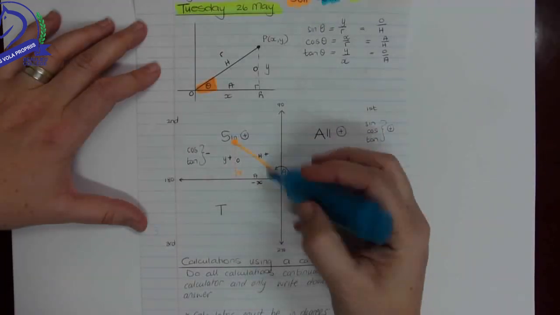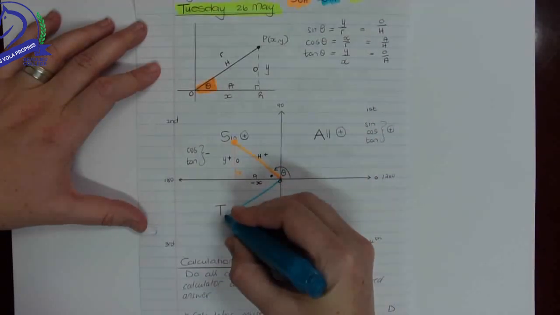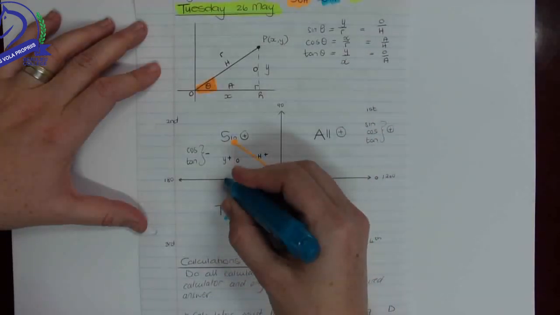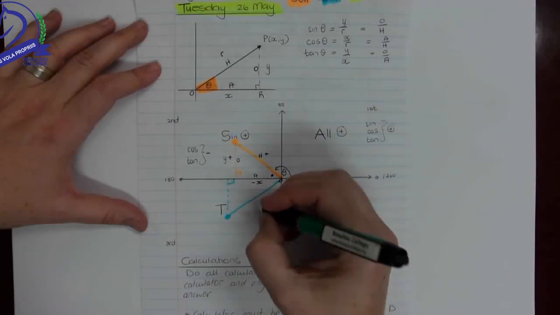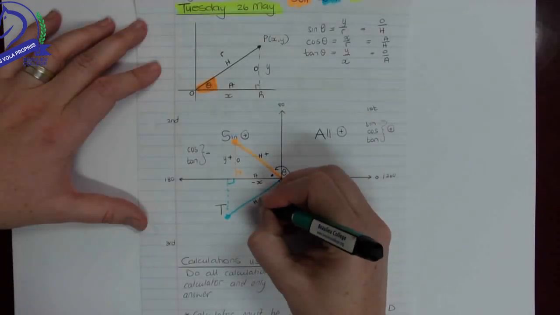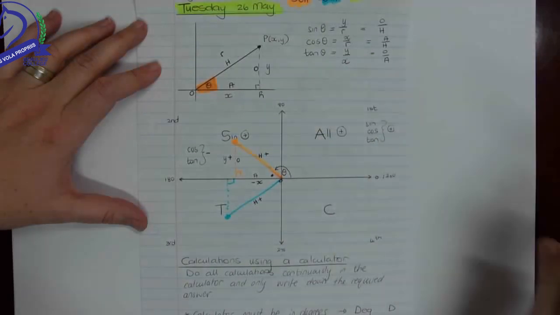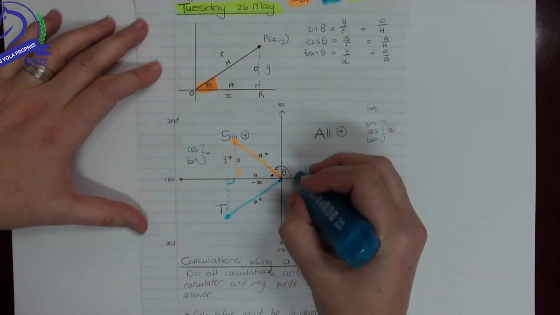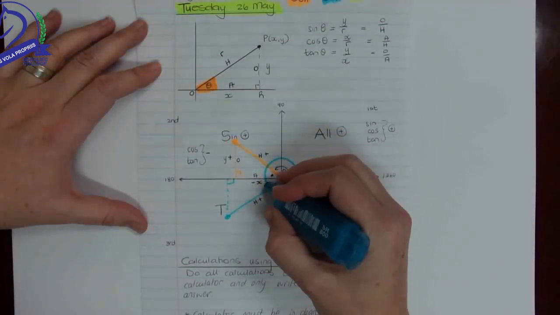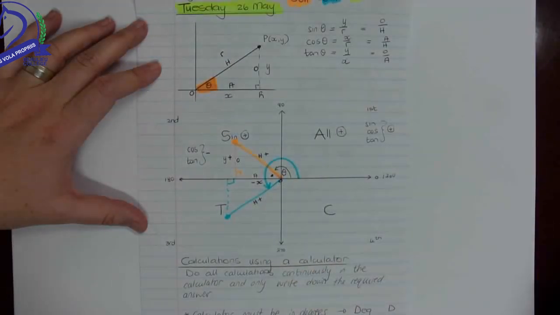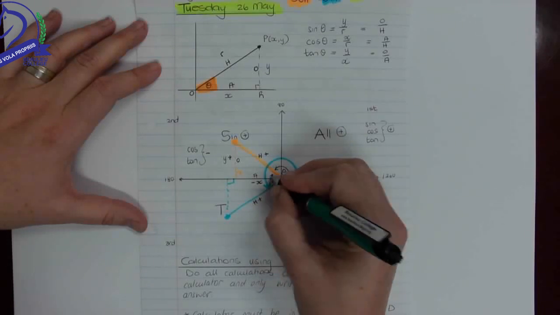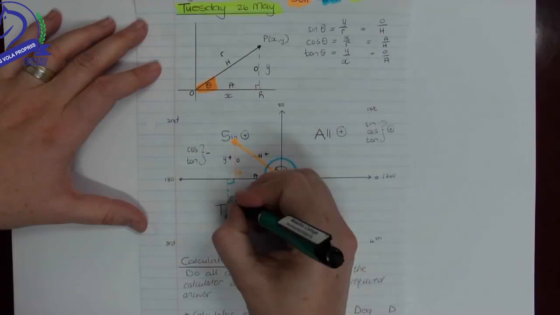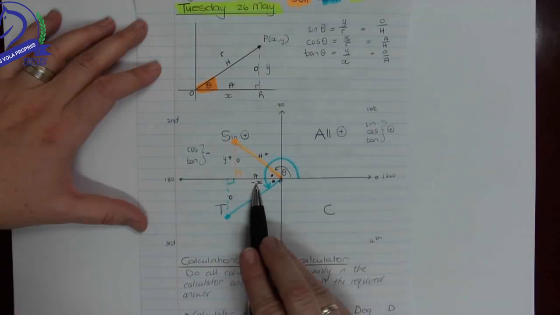If I move down into my third quadrant and add a point so that I can create a right angle triangle, I notice that my hypotenuse will always be a plus. They will indicate the angle starting at my x-axis. I'm going to use the inside there. That's my adjacent. This is my opposite. What do you notice now?